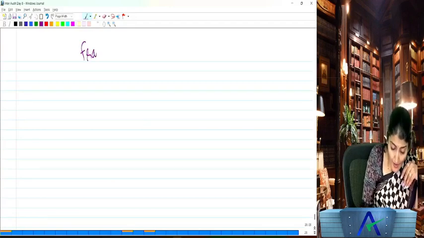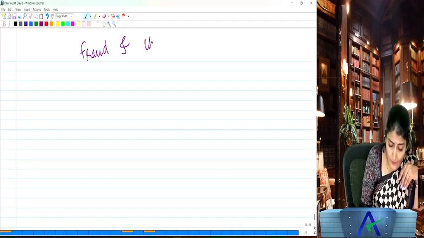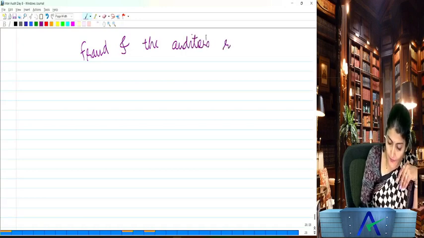Fraud and the auditor's responsibility in this regard.